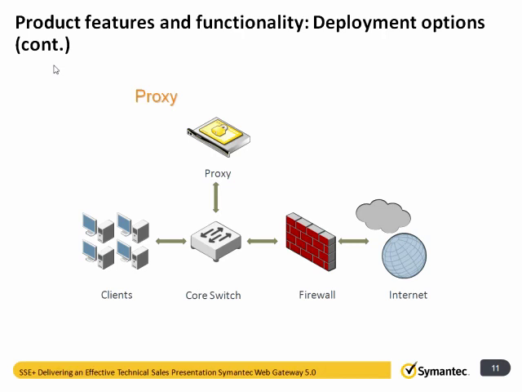When deploying in this mode, the Web Gateway is positioned in that same critical part of the network as a typical inline installation, but a proxy can be enabled as well, so that features only available in proxy mode can also be available in the Inline Plus proxy mode. It's for this reason that the Inline Plus proxy mode is probably the most effective way the Web Gateway can be deployed.